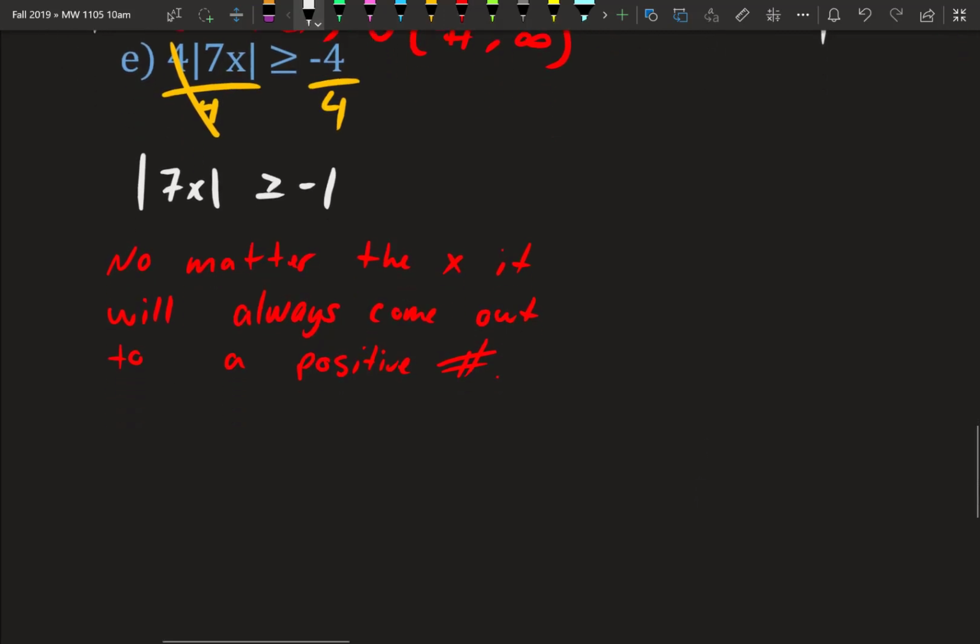So it doesn't matter, it's always going to work. It's negative infinity, positive infinity.